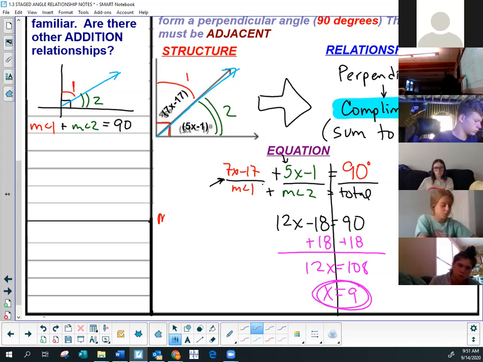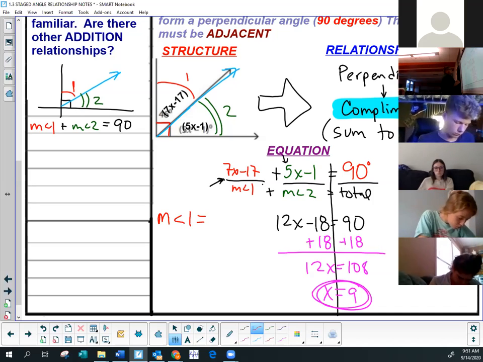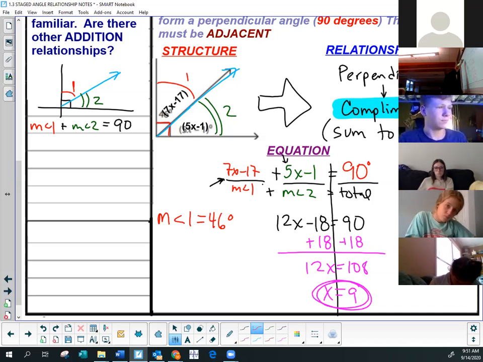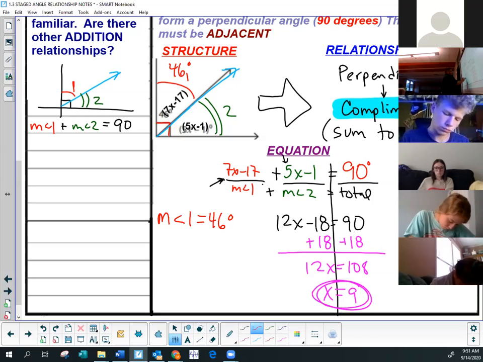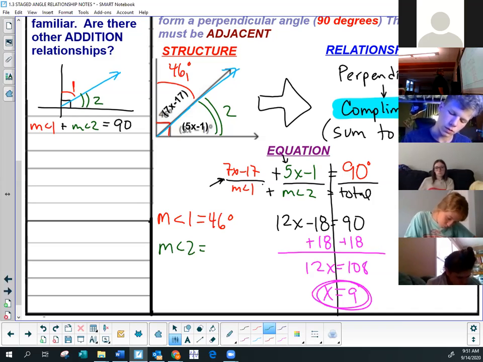Okay, so what is the measurement of angle 1, please? 46 degrees. So this is 46 degrees right here. Okay, the measurement of angle 2, please. 44.